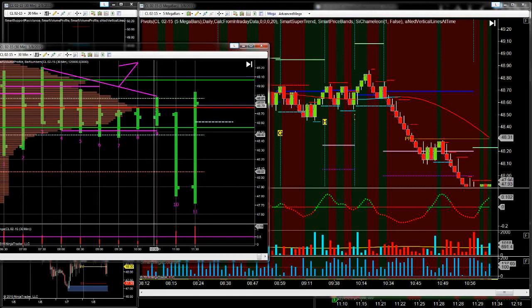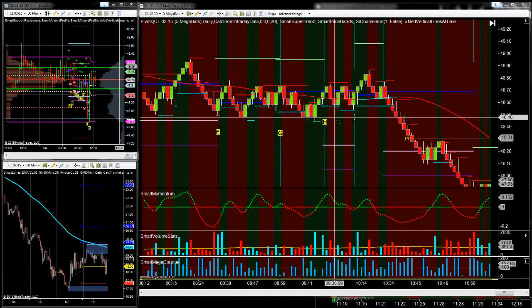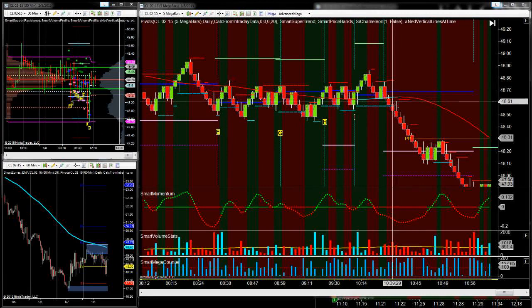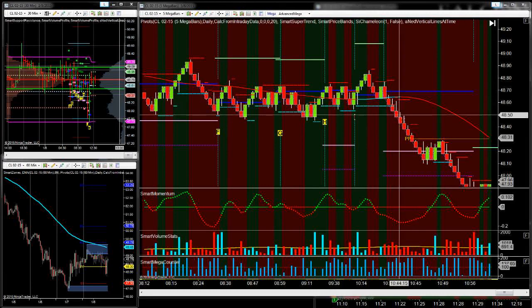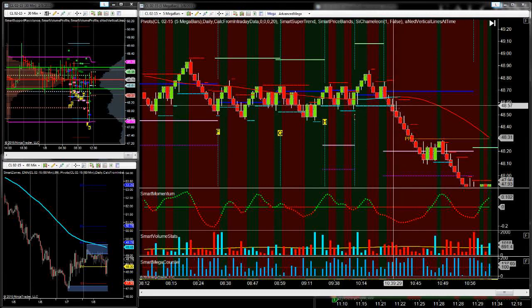to a high, and we knew that you'd want to be looking for shorts around the 48.50 level. And so what happens is, as you get down into that 48.50 level, right around in here, you've gotten 1, 2 E2 type patterns in a row. I got one right here.